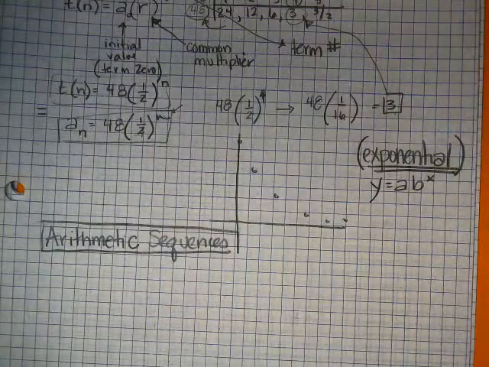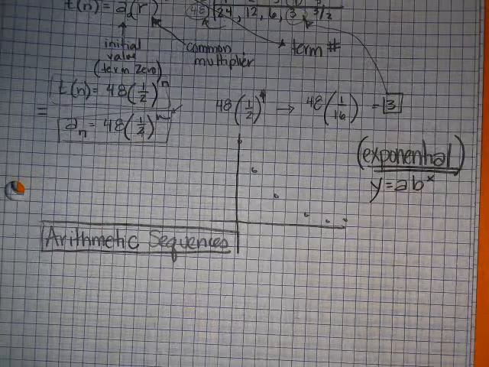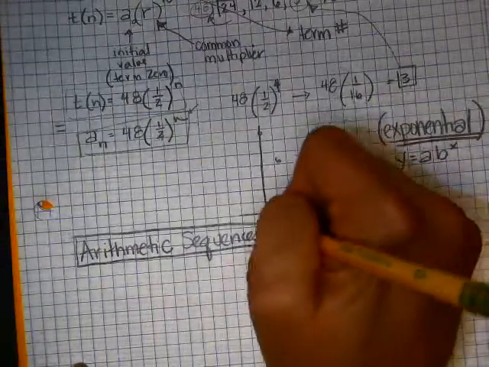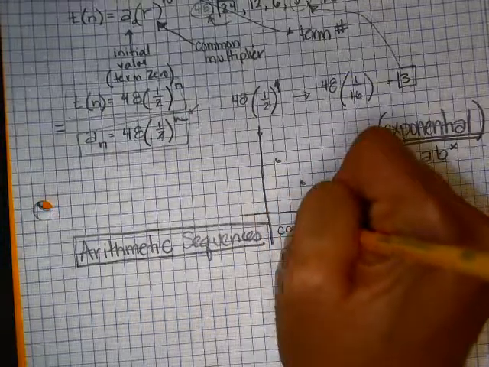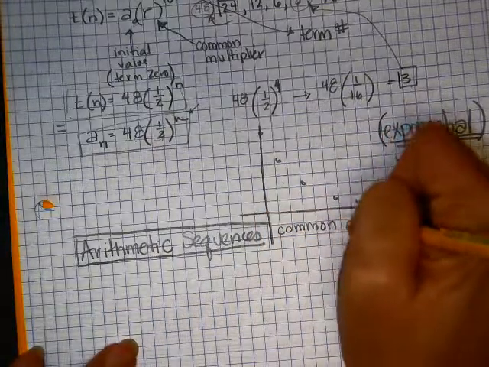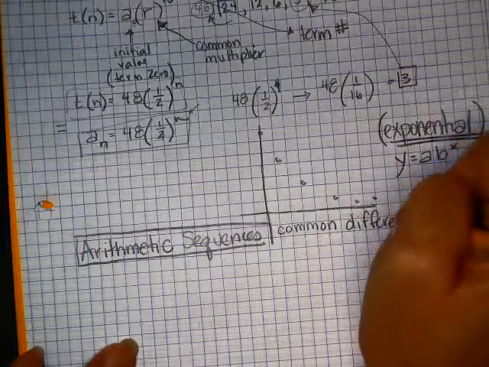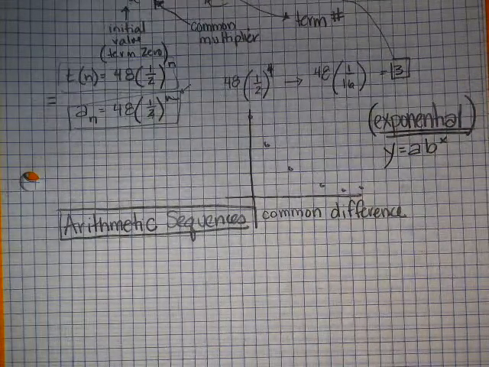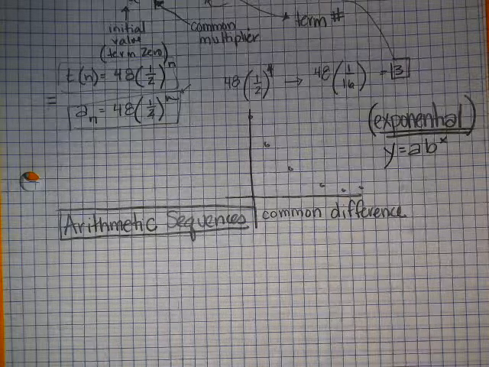So let's go ahead and see if we can jot down some notes here. So for these, since it was a common adder, we call it a common difference. And the common difference is just the difference in between them. So you could have a positive difference or a negative difference, and that would be fine.